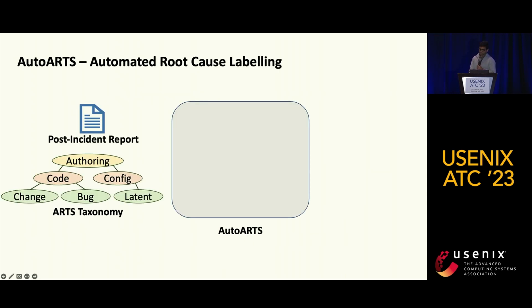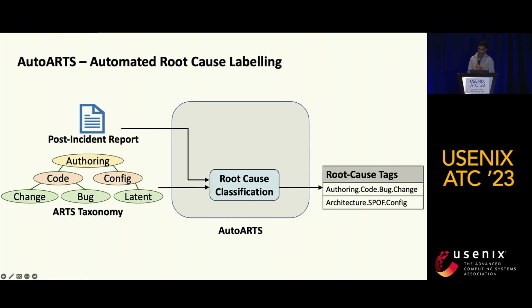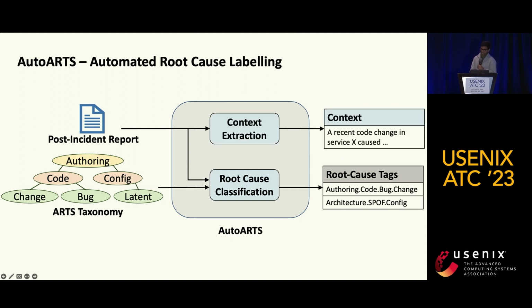So to address this issue, we built a tool called AutoARTS that can automatically label a given postmortem report with all the contributing factors from the hierarchical ARTS taxonomy with the root cause classification module. And it extracts sufficient context from the postmortems for engineers to justify and make sense of these tags with the context extraction module.